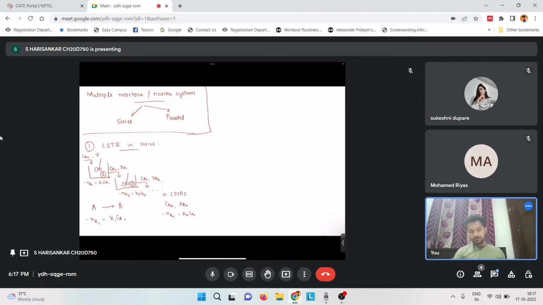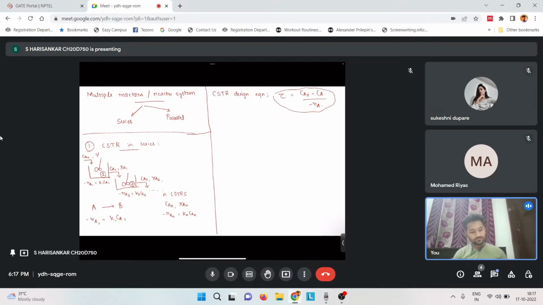Fine. So we'll write the general equation for the design of a CSTR. The CSTR design equation: we have tau is equal to Ca0 minus Ca by minus Ra, right? So this is our general equation for a CSTR. We can apply this CSTR design equation for each of these CSTRs.